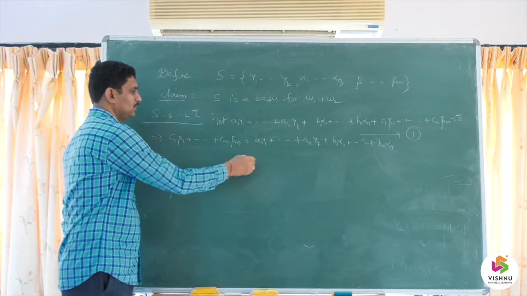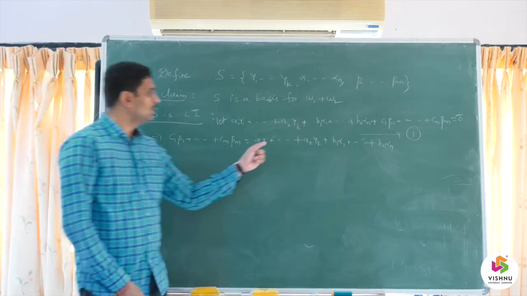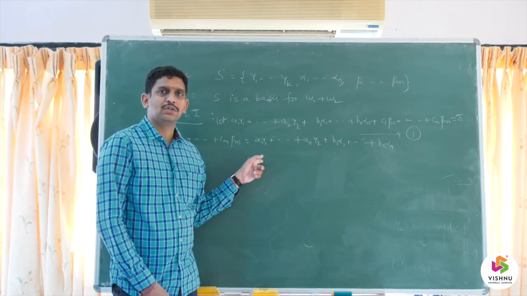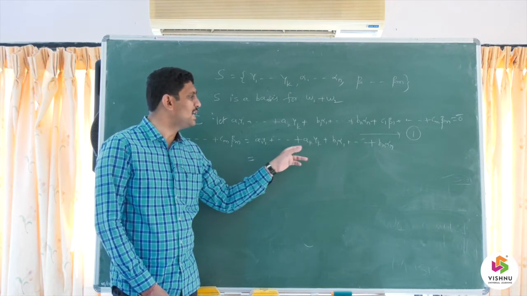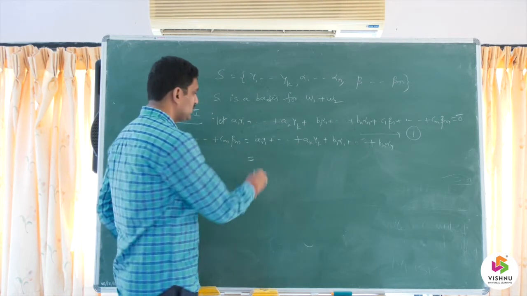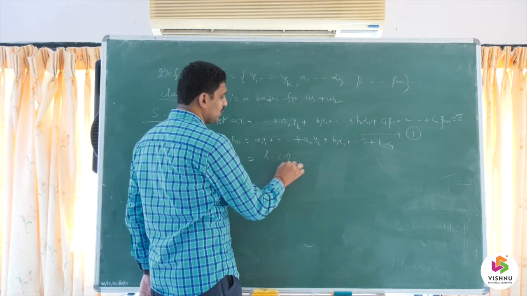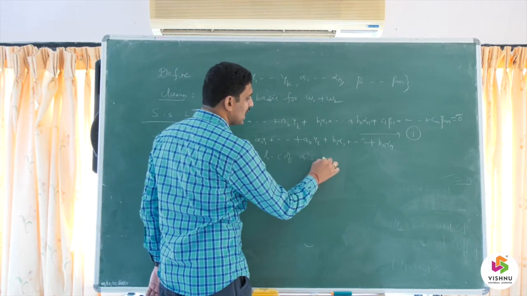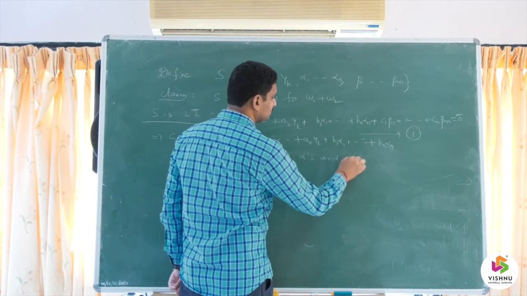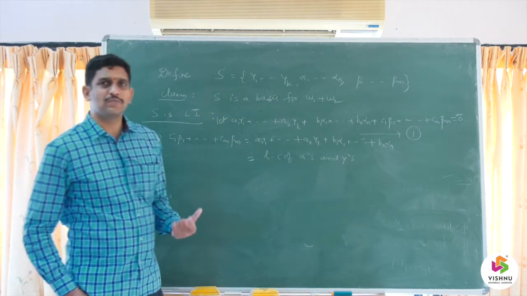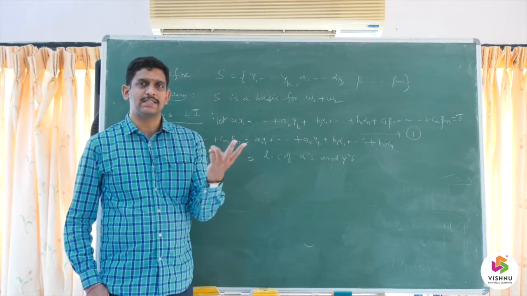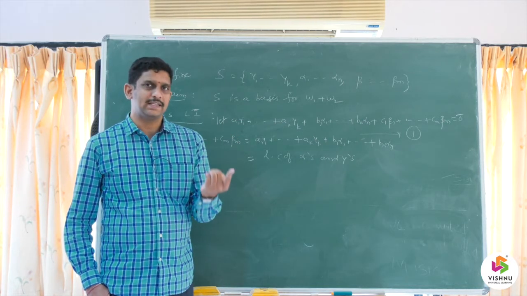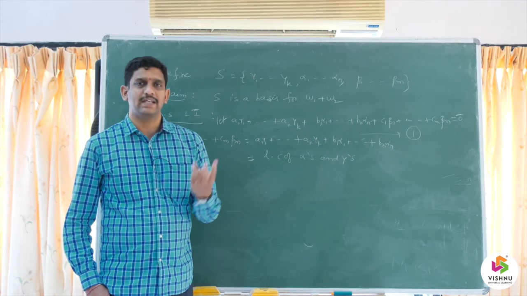Now see, on the right hand side, you have an expression which contains alphas and gammas. So this is nothing but a linear combination of alphas and gammas. And we observe, earlier we had three sets with us: B is a set, B1 is a set, B2 is a set.